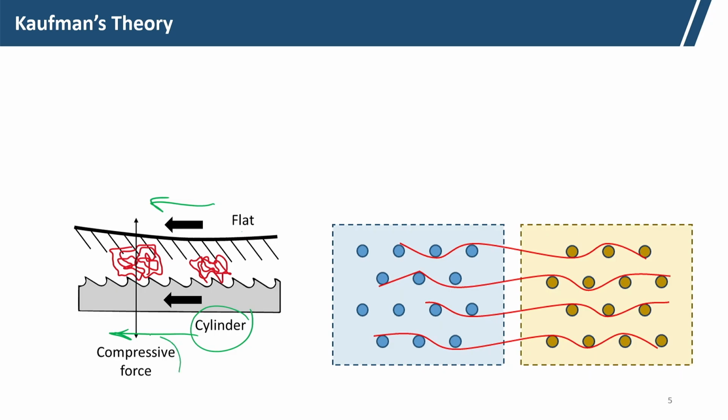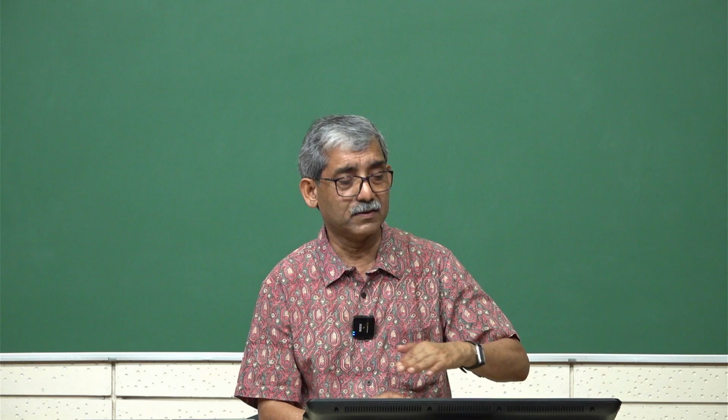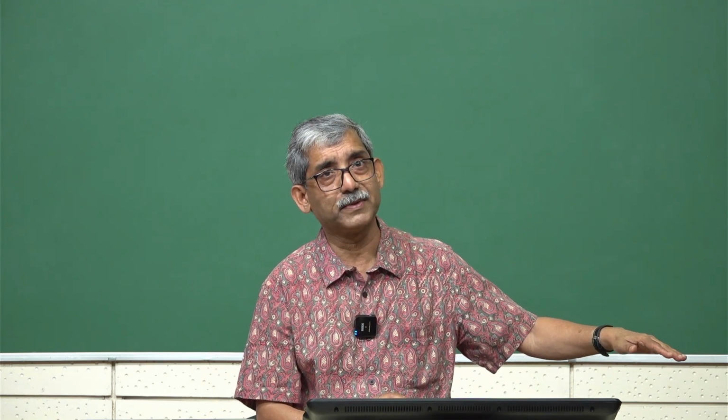Compressive force will be there, since the distance between the flat and cylinder is very small, maybe 0.3 to 0.4 mm, and the fiber tufts are much larger than that size. So, there will be compressive force acting on the fiber tuft, when the cylinder moves at a higher speed than the flat.